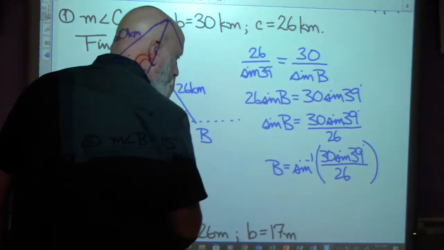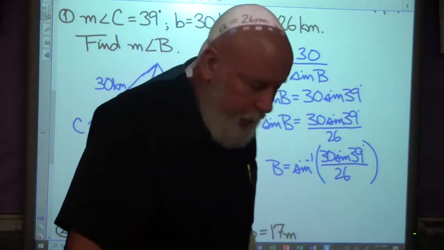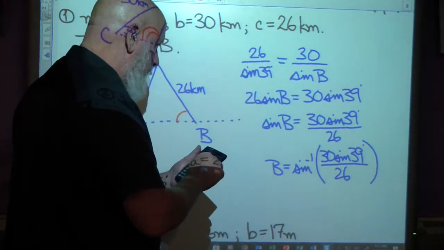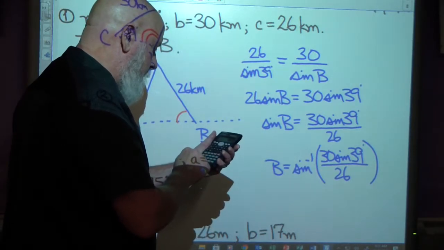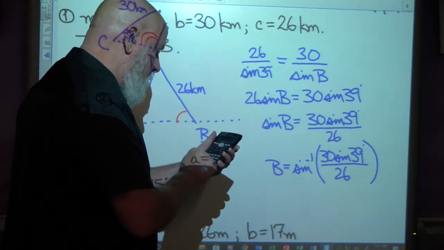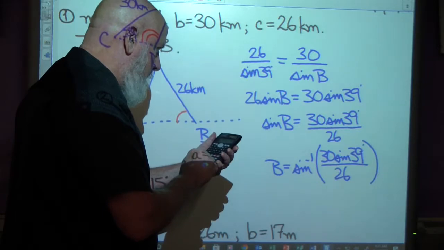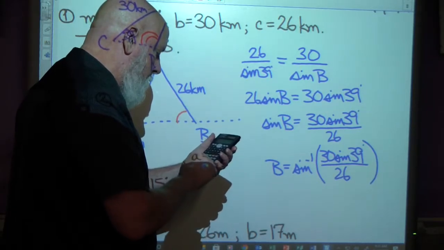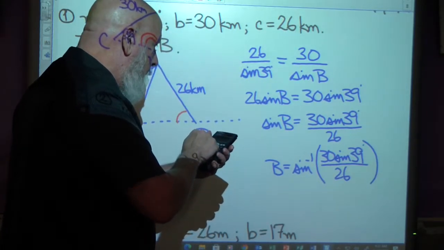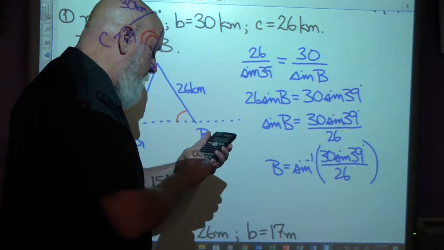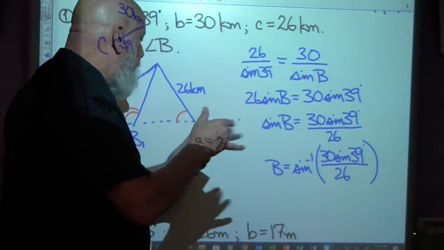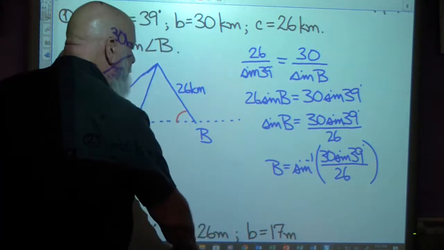So here we go. Using my handy dandy calculator. Angle B is inverse sine of that mess. 46.6 rounded to the nearest tenth.